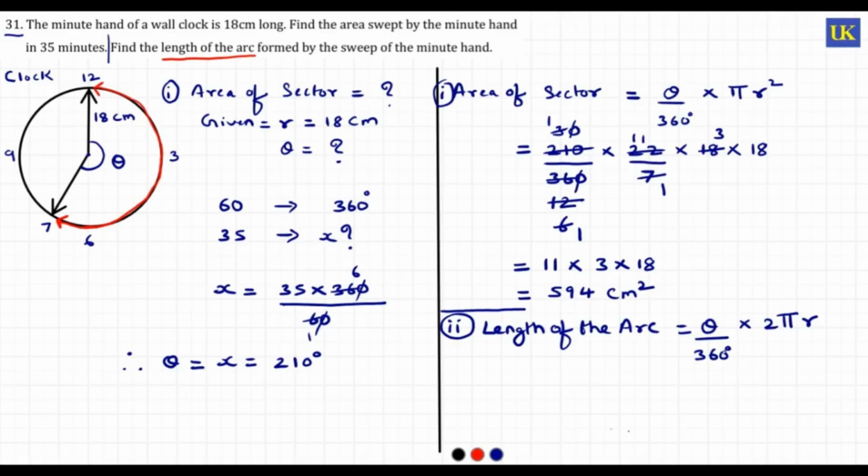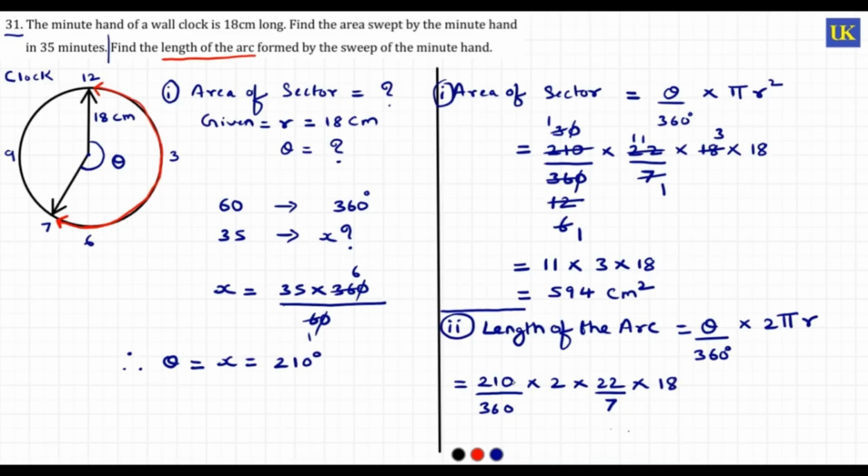An arc is a part of the circumference. So here we will solve. Theta is 210 upon 360 degree into 2 into 22 by 7 into radius 18.